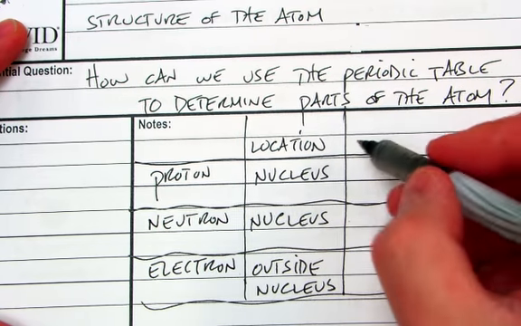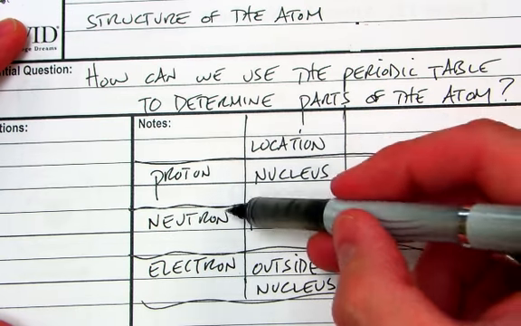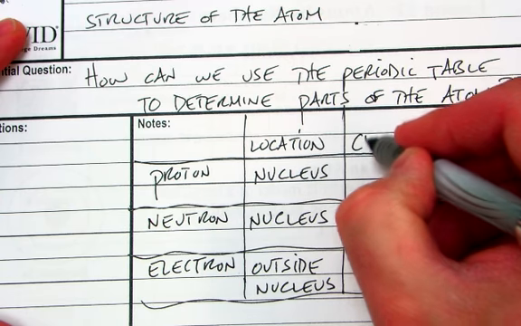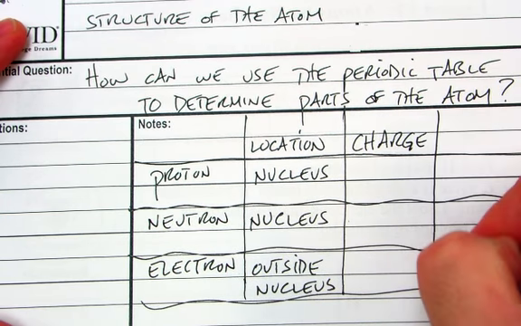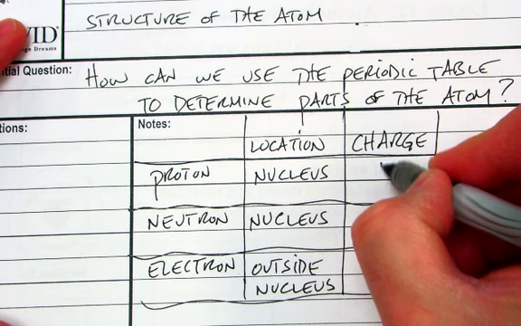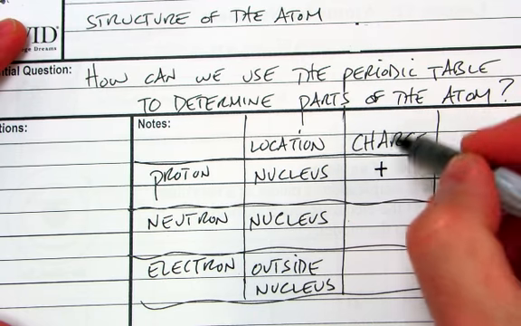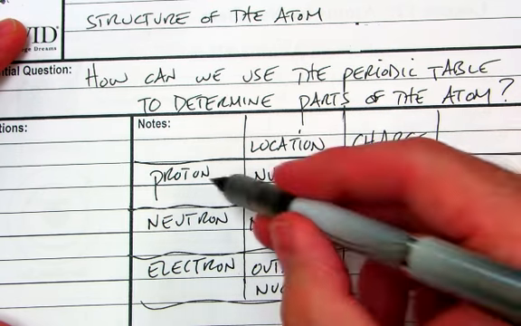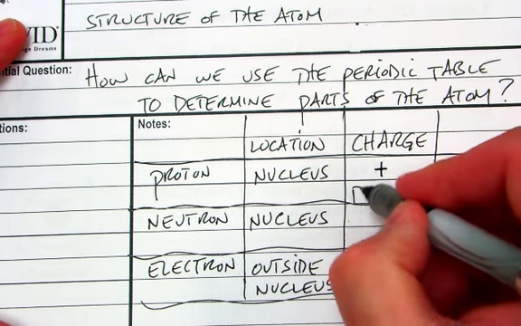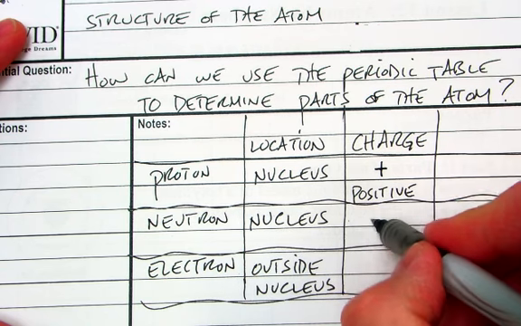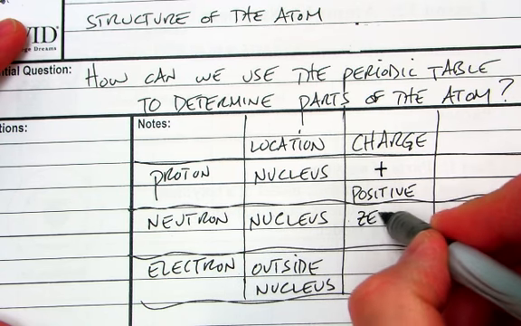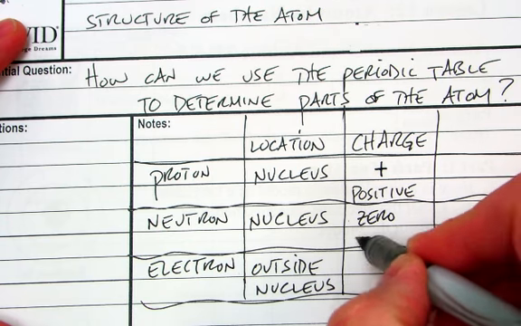All right. Each of these parts of the atom has a charge associated with it. Protons have a positive charge, so I'm going to write a plus sign. If you want to write the word positive out, you can. Neutrons have zero charge.